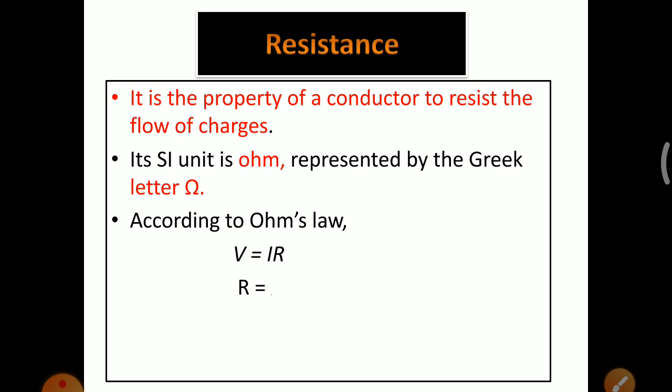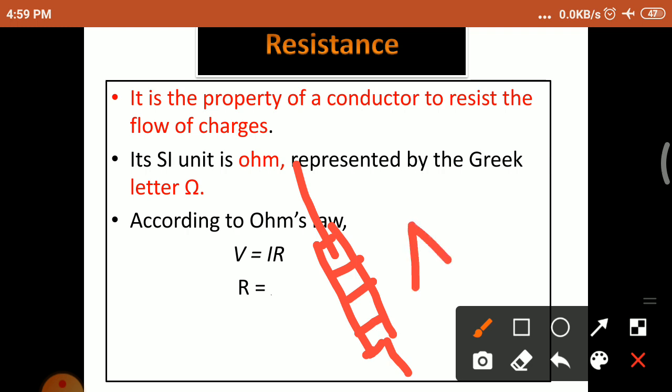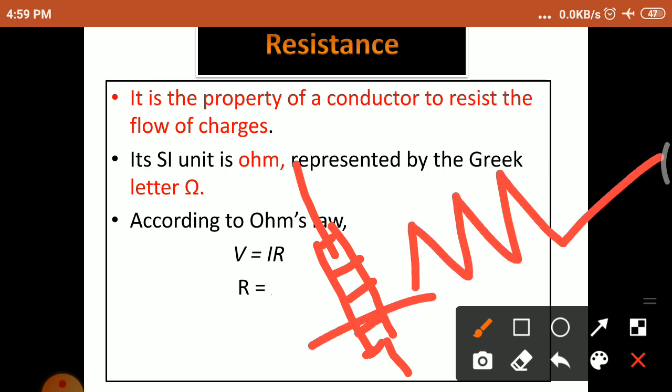Now we are going to see what is meant by resistance. It is the property of a conductor to resist the flow of charge. When we connect the resistors, the components, we know that the resistor is drawn in this shape, this symbol. So it is a property of a conductor to resist the flow of charge.